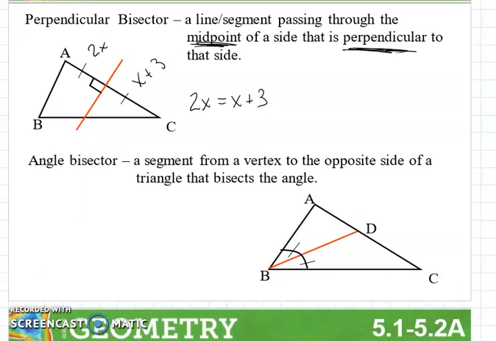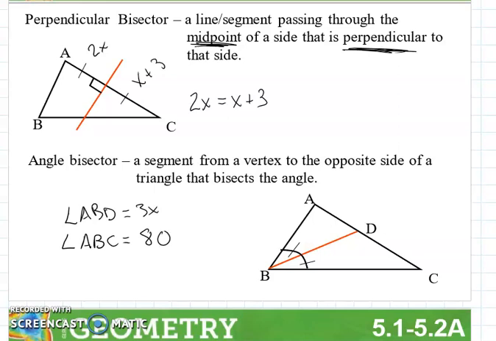Angle bisector is a similar thing. It splits the angle into two equal angles. So a simple equation for this one would be something like angle ABD equals 3x, and angle ABC equals 80.